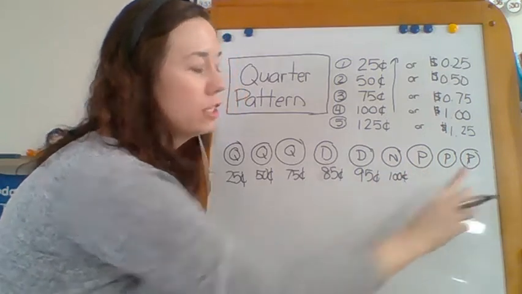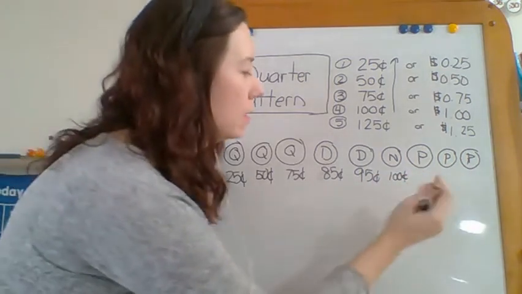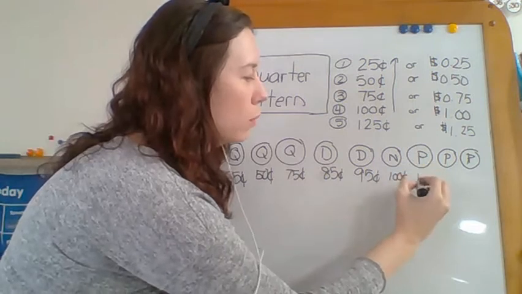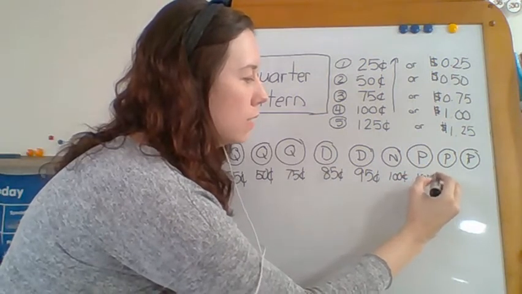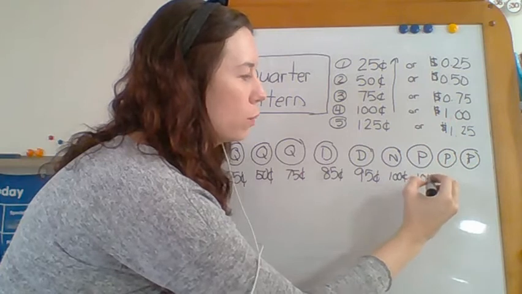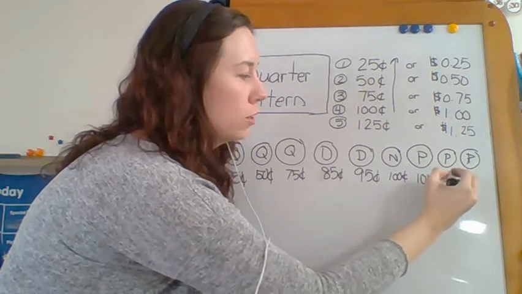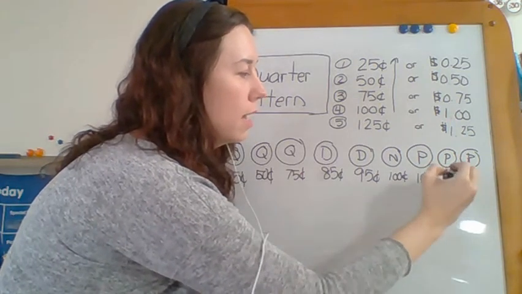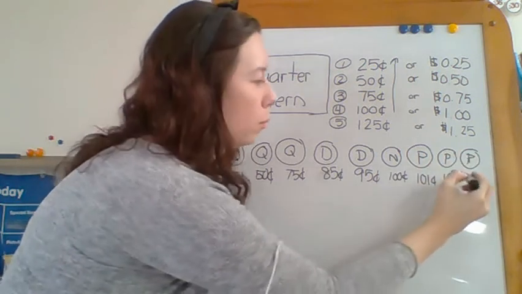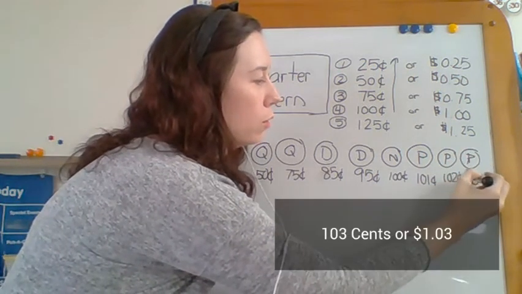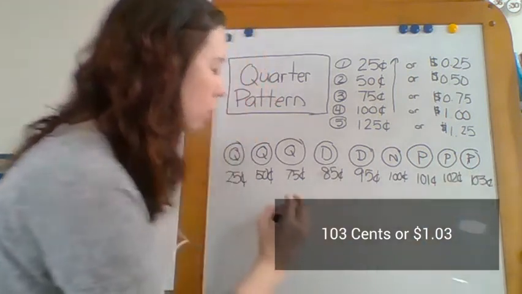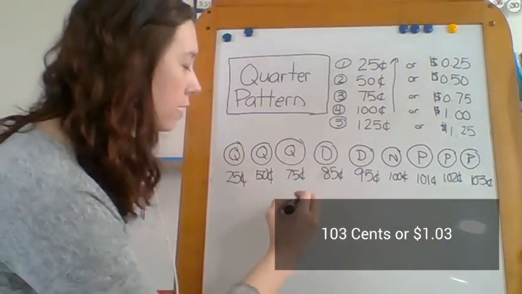Then I'm changing one more time to my pennies. I have 100 plus 1 is 101 cents. 101 plus 1 is 102 cents. And 102 plus 1 more is 103 cents. So I'm going to write that in 2 ways, just like our activity today.